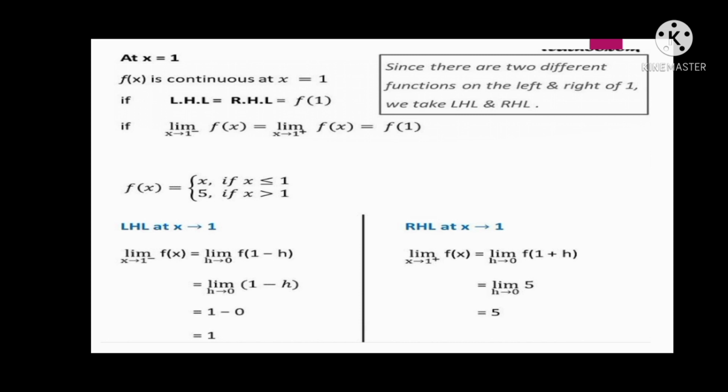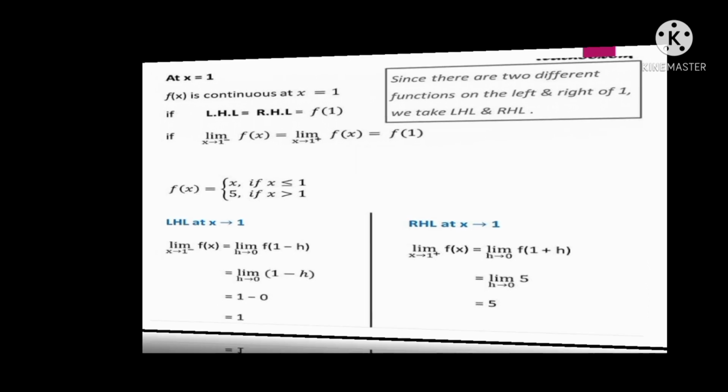Limit x tends to 1 plus f of x is equal to limit h tends to 0 of f of 1 plus h, which is limit h tends to 0 of 5. Substituting 0 for h, we get f of 1, and the value is 5. The output is 1 on the left hand side and 5 on the right hand side.